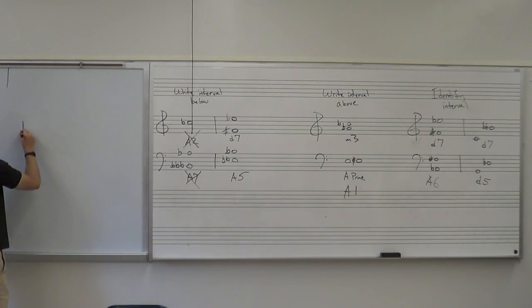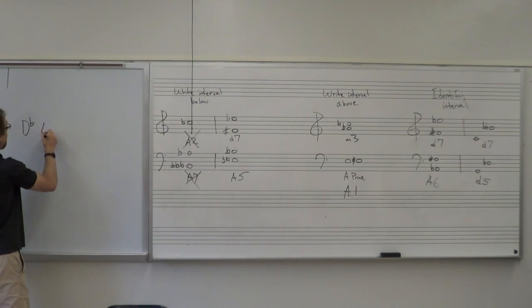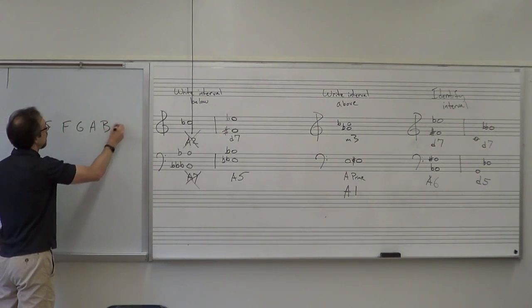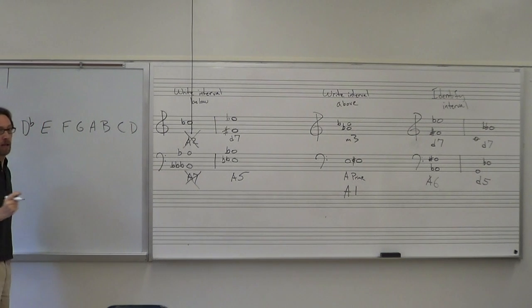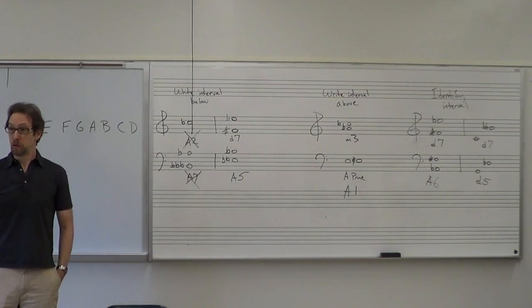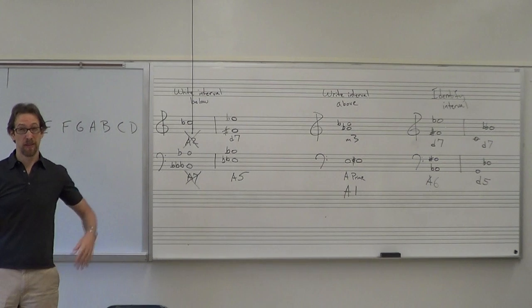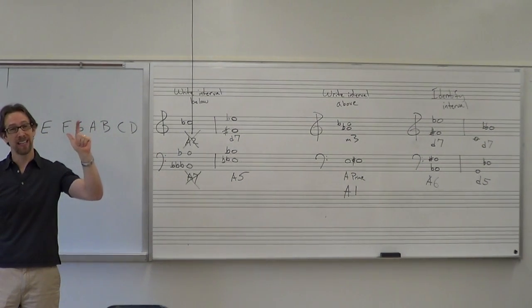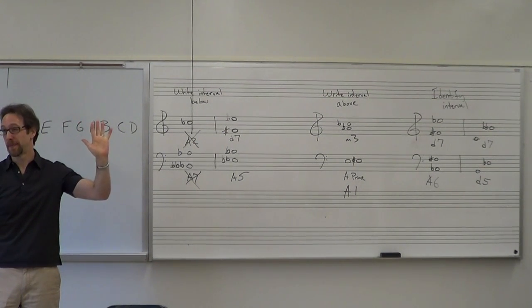If we have a D flat major scale, you know that the rest of the letters are going to be E, F, G, A, B, C, D. If you use your circle of fifths, you know that there's 5 flats. The order of the flats are B flat, E flat, A flat, D flat, G flat.